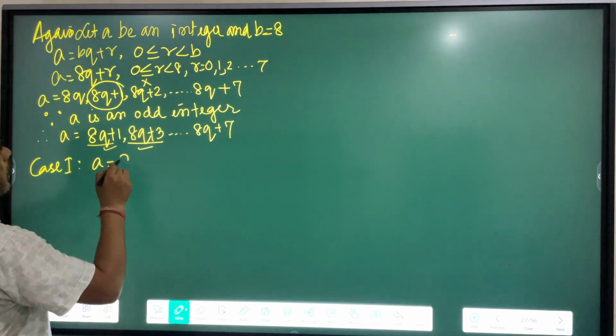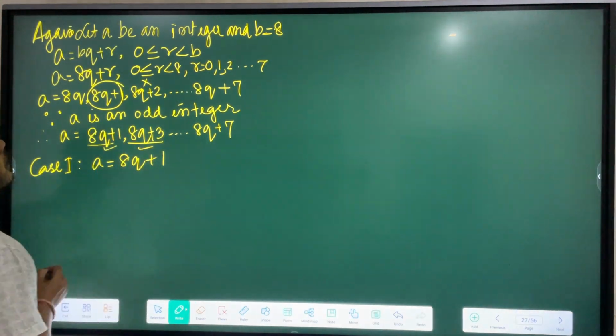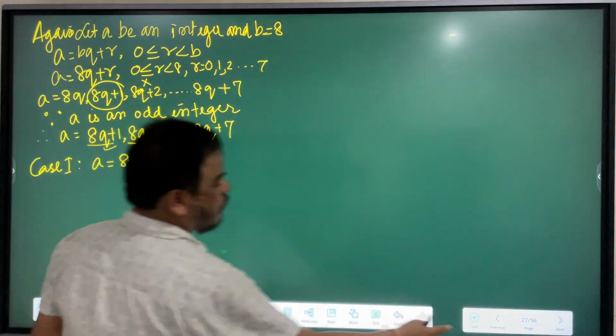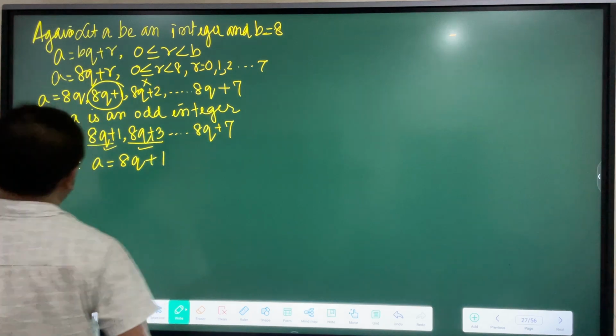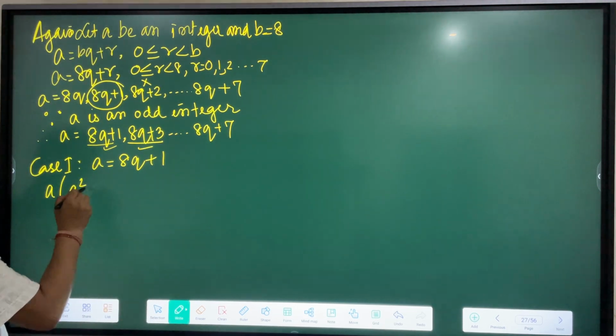A equals 8q plus 1. What was the sum? A into a square minus 1.